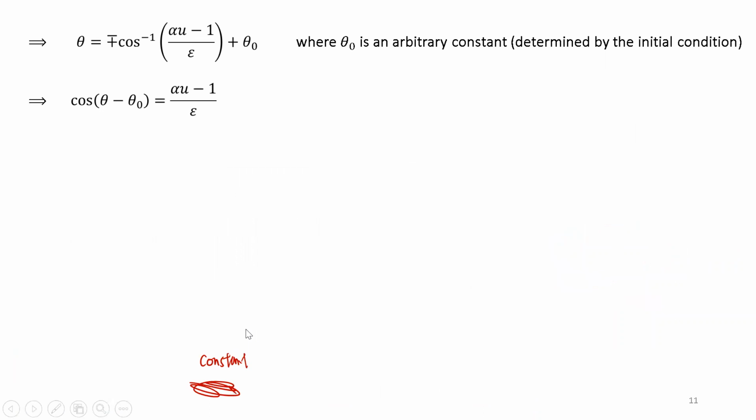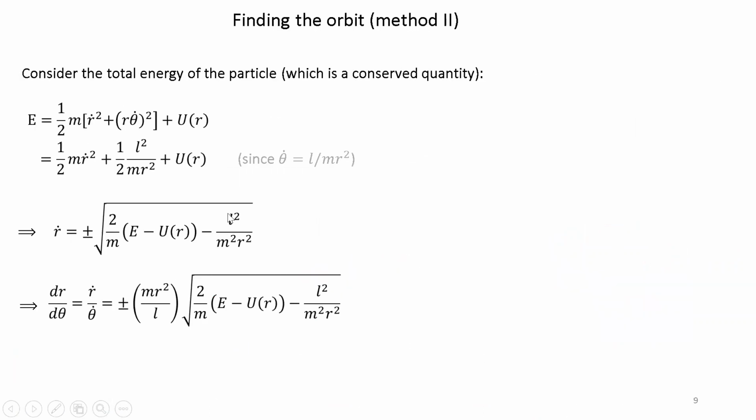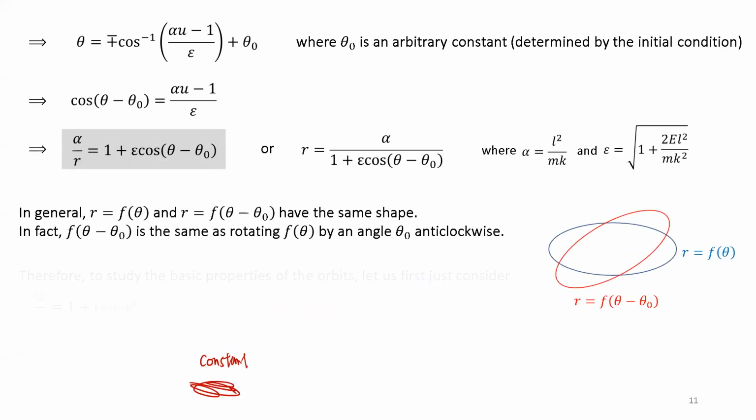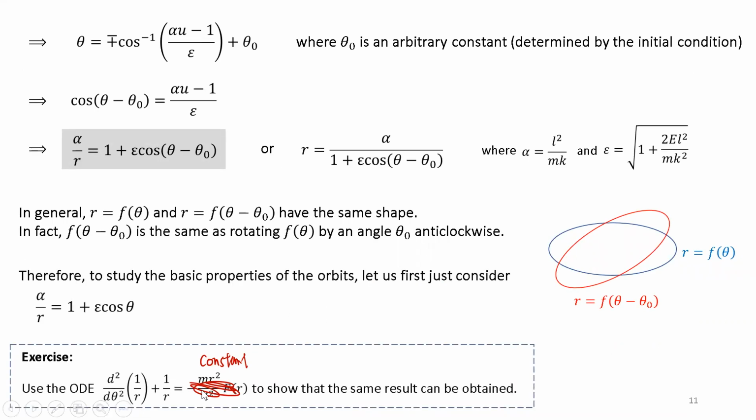If you forget about this method itself, and just start with this equation, which I derived earlier, just solving this equation itself should also let you find out 1/r is some kind of function of theta.